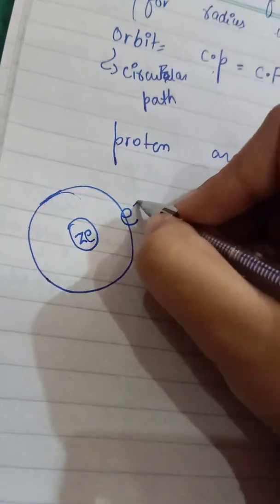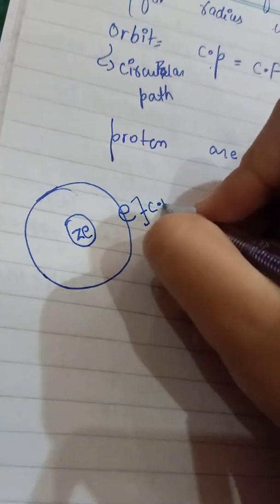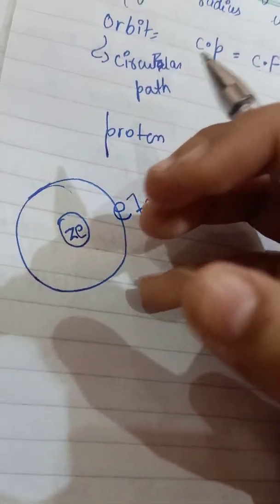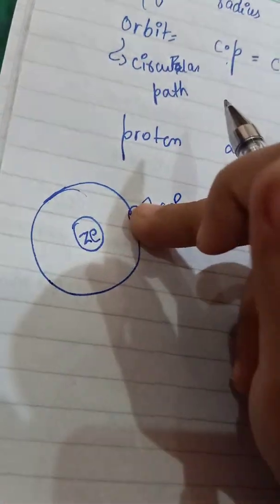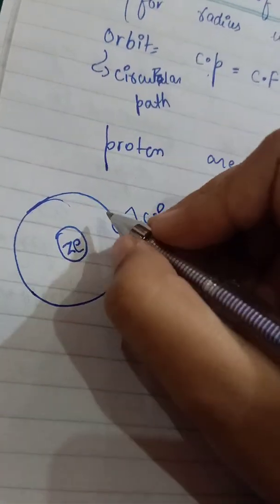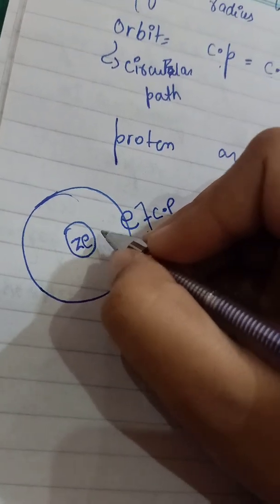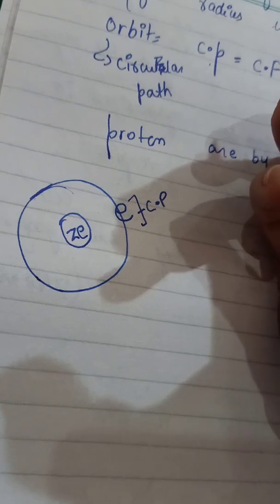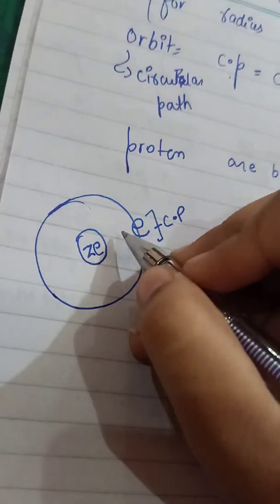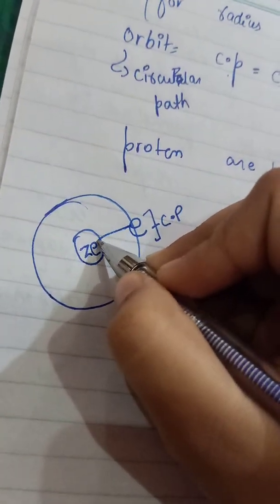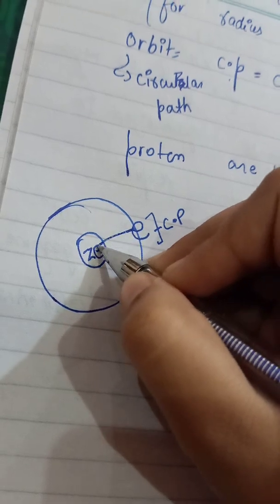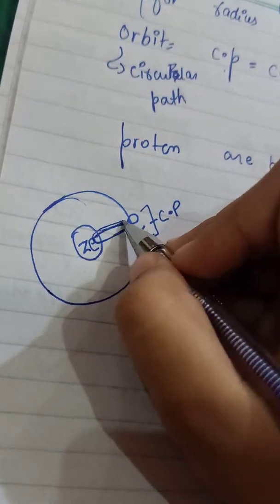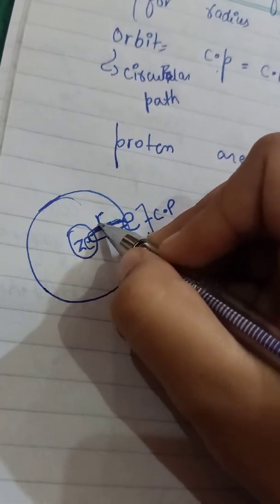Talking about centripetal force, which was the force between the nucleus and the electron, the proton is attracting the electron toward the center, so there is the radius.